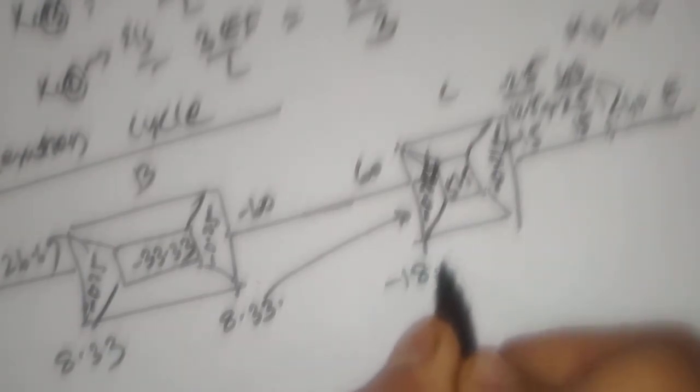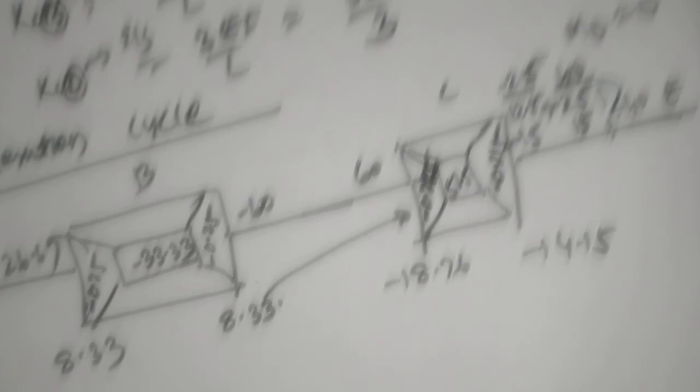So that is minus 18.76. Similarly, 57.5 plus 8.33 multiplied by 0.215, which value will come as 14.15. So minus 14.15. Now there is a shift in this particular value.